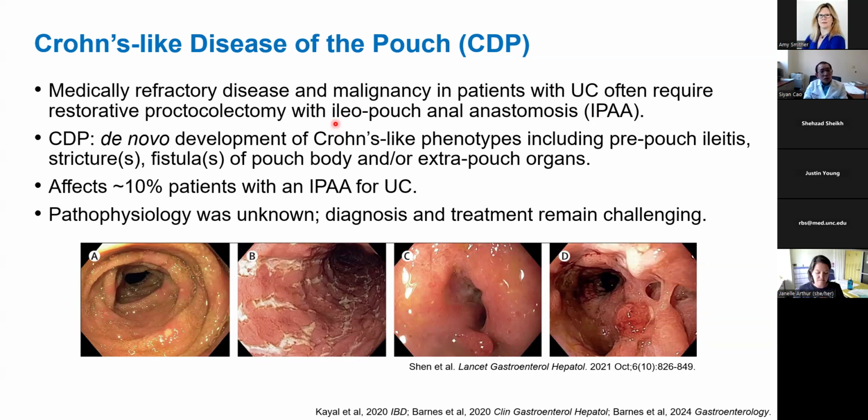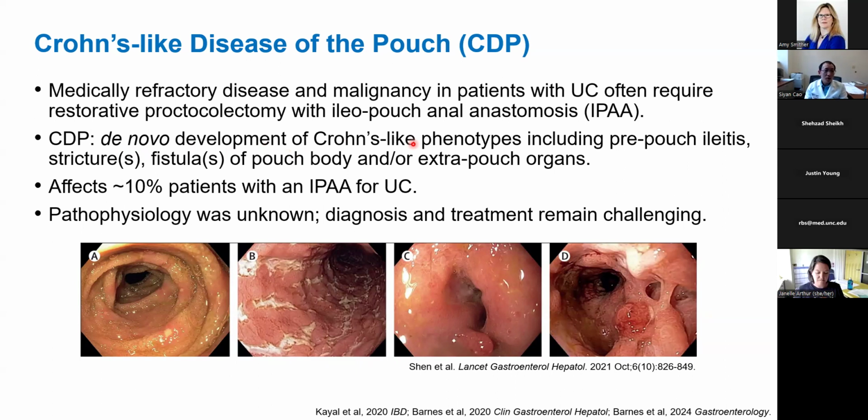And there's another related but different inflammatory condition called Crohn's-like disease of the pouch. In most literature, CDP is defined as de novo development of Crohn's-like phenotypes, such as pre-pouch ileitis, stricture or narrowing, and fistulization of the pouch body or extra-pouch organs.